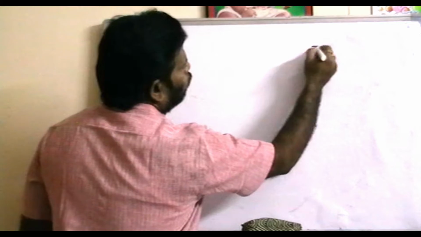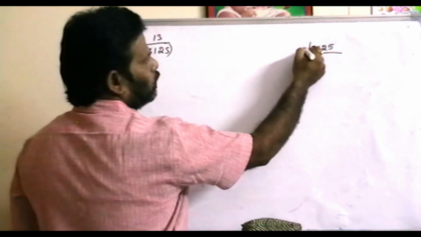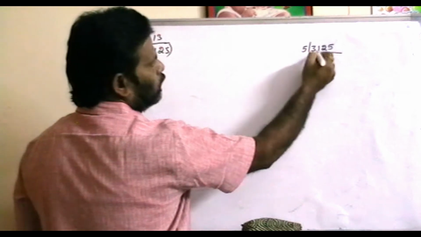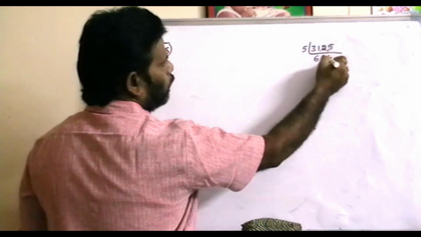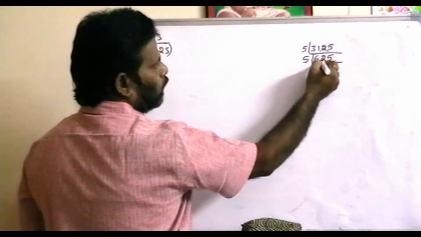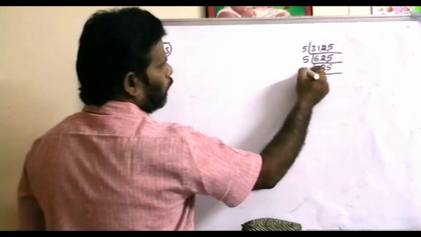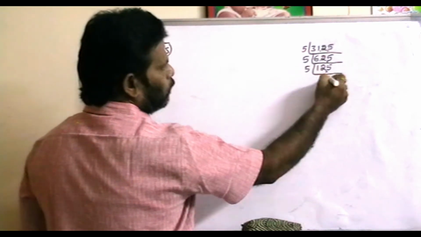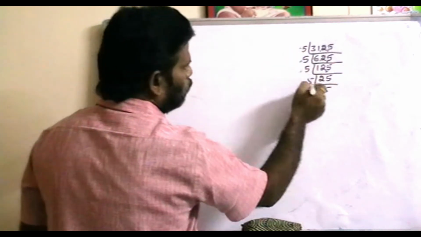Taking 3125, dividing repeatedly by 5: 5 sixes are 30, remainder 1, 5 twos are 10, balance 2, 25, 5 fives are 25, again 5, 5 ones are 5, and so on. So we get 1, 2, 3, 4, 5.